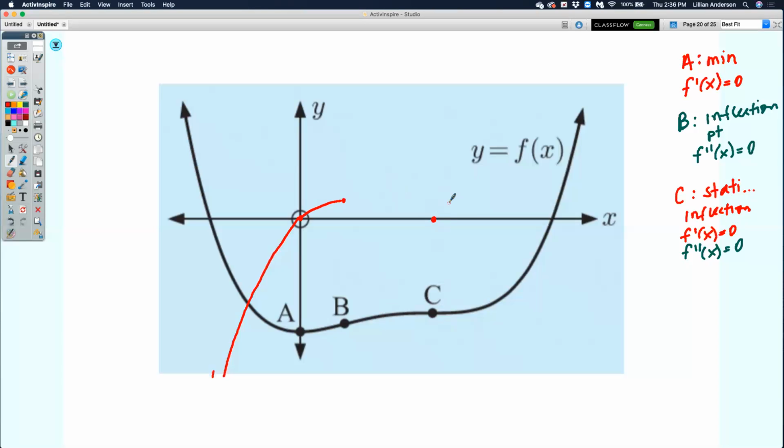So it's going to have to touch the x-axis at C. So the graph of the first derivative is going to be still above the x-axis, but it needs to be coming to the x-axis to touch at C, because again, C was a stationary inflection, and again, it leveled out on the original graph, so that meant the first derivative was equal to 0.